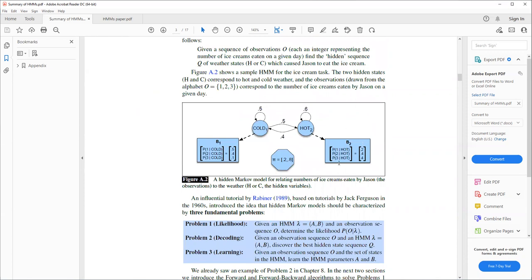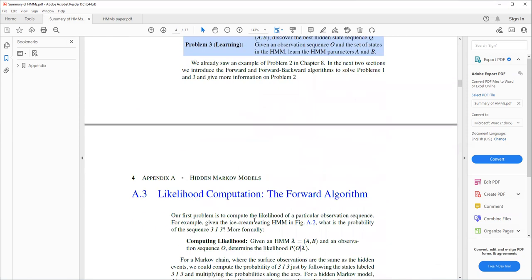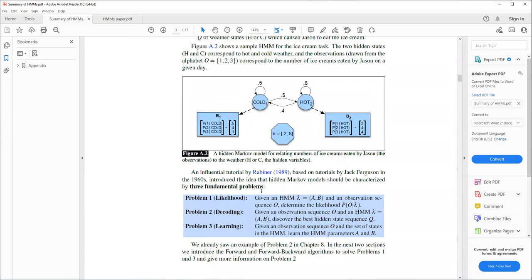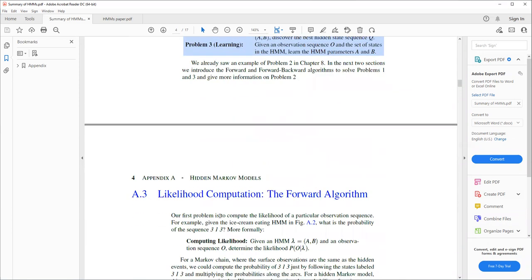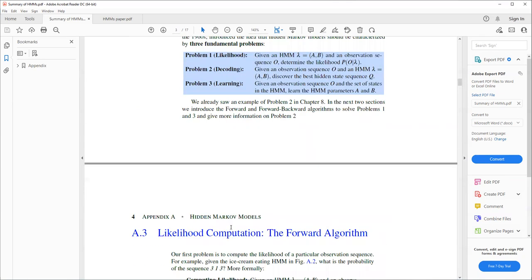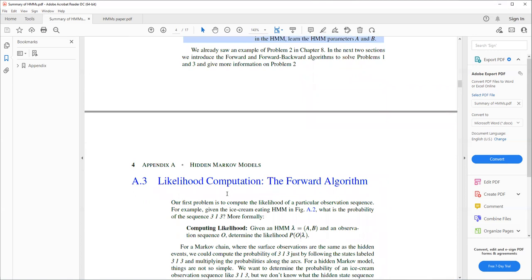And you might be asked, what is the probability that this sequence was generated from this model? That kind of question is your likelihood question. Or you might be given two different models and asked which model you think generated this observable sequence. To answer that question, you will have to compute the likelihood of both models separately.